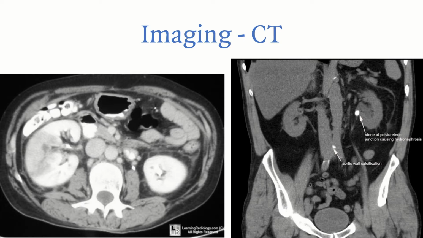So CT of the abdomen here, it's showing a stone exactly at the pelvic-ureteric junction that is causing hydronephrosis. So that's quite a significant finding on the CT abdomen here. There is a stone that it's causing hydronephrosis of the kidney. Okay.